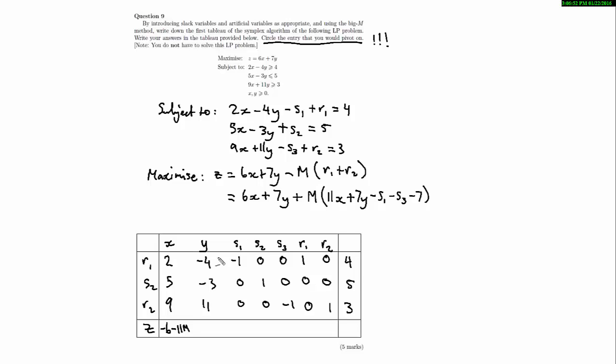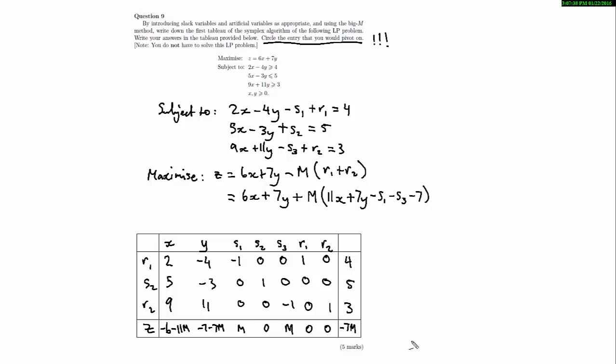Similarly for the y, we have -7, and because we have plus 7My, we have minus 7M down here. For S1, we have minus M S1, so that gives us M. S2 doesn't make an appearance, and for S3 it's the same as S1, and R1 and R2 don't make an appearance either. Finally, for the constant at the end, we have minus 7M.